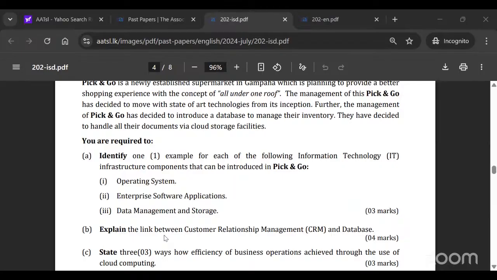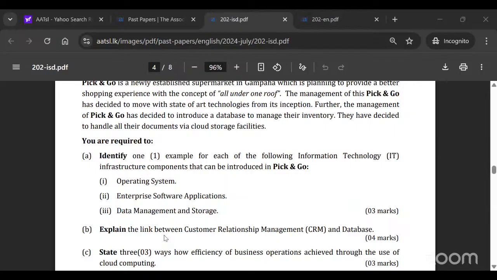It enables efficient querying and retrieval of customer data to support marketing, sales, and service efforts. By using databases, CRM systems can maintain real-time customer data, ensuring that the supermarket provides a personalized experience and optimizes communication with customers. That is the link between CRM systems and databases.